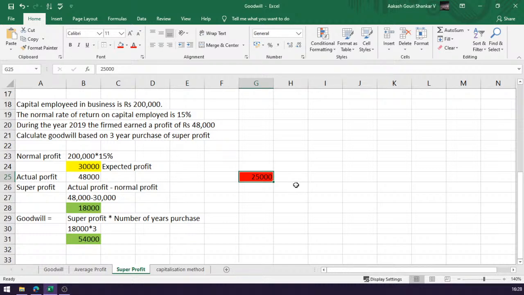The profit which we have earned more than the normal profit is termed to be the super profit. But here we are not meeting even the expectation. So in this case, we don't have any super profit. When there is no super profit, the goodwill will be zero for that firm as per the calculation in this particular method, the super profit method.